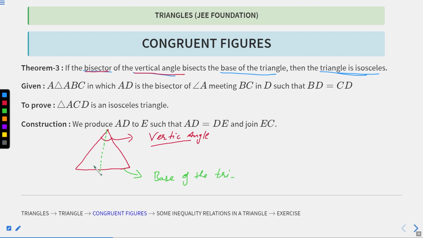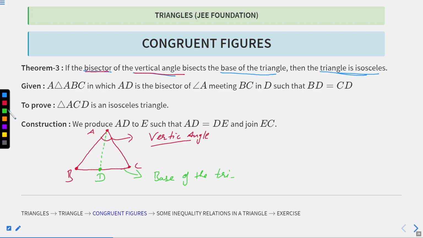This green line will cut this base at this point, I am naming it D, and my triangle was ABC. I hope all this information is very clear to you.